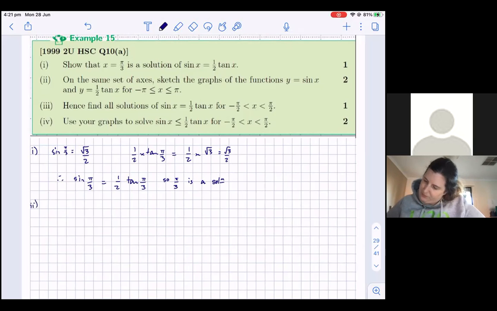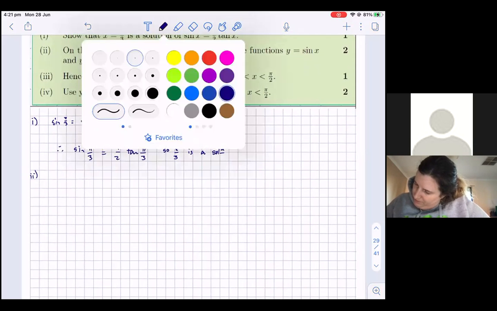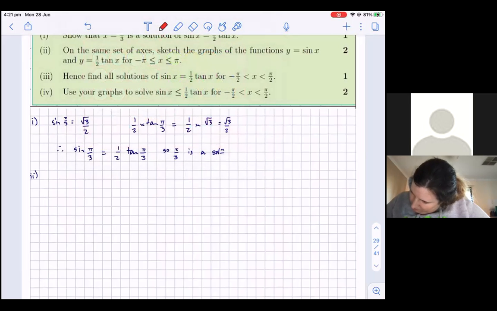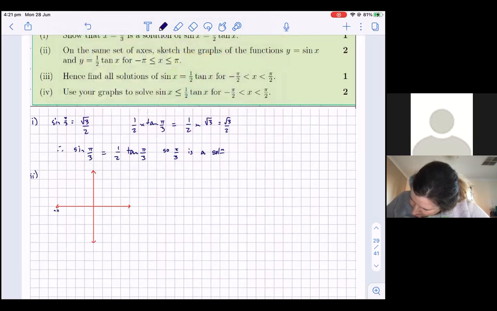Okay. On the same set of axes, sketch the graphs for sine x and half tan x between -pi and pi. So if I make this -pi on 2, 0, pi on 2, and pi.